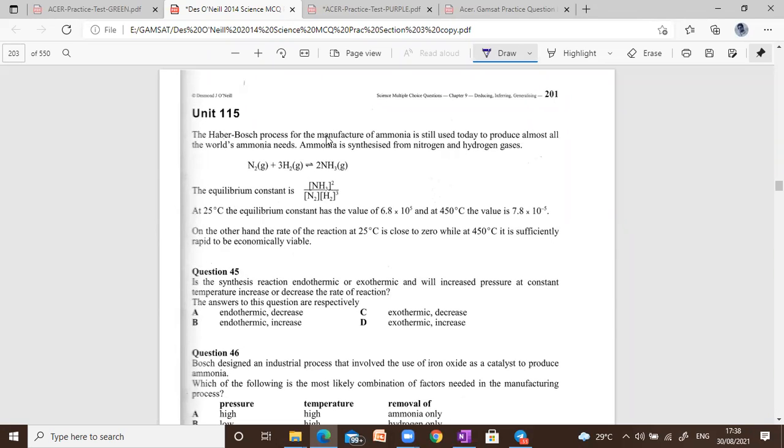The question is here, we have a reaction of N2 and H2 that will give you ammonia. First of all, this is association. Association is exothermic. Exothermic means delta H will be negative. So the first question is 45. Is the synthesis reaction endothermic or exothermic? So tell me what is this? Exo or endo?